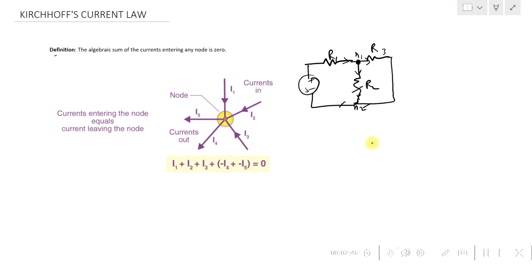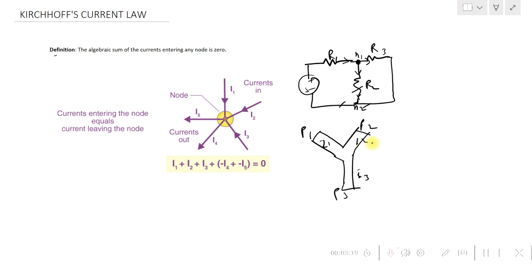So, for example, if we consider the hydraulic analogy, let's say we have a pipe in the form of a Y shape, and the water is coming from, let's say, P1, P2, and P3. So we define three currents as flowing into each of the three pipes: I1, I2, and I3.